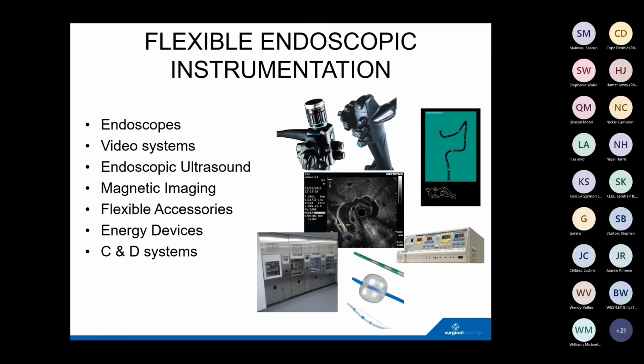And there's also other aspects of flexible instrumentation. So you've now got endoscopic ultrasound. This picture is an example of an ultrasound picture that you'll see with a flexible endoscopic ultrasound system. The advantage of using an endoscope for ultrasound is that there's a fundamental problem with ultrasound in that the higher the resolution you get, the higher the frequency.